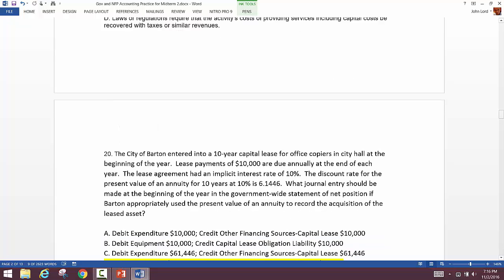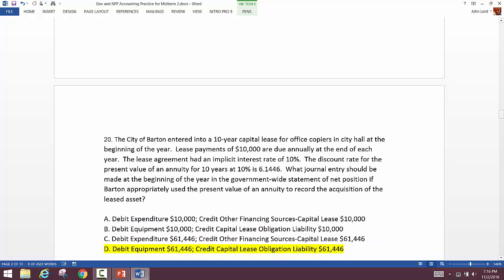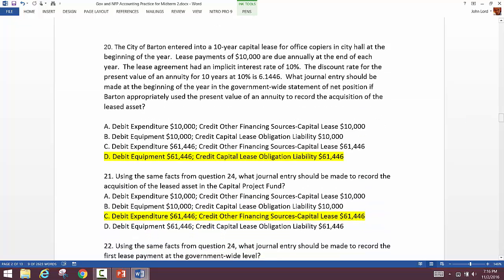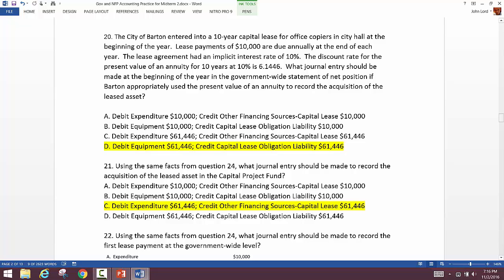Number 20. Oh boy. The City of Barton entered into a 10-year capital lease for office copiers in City Hall at the beginning of the year. Lease payments of $10,000 are due annually at the end of each year. The lease agreement had an implicit interest rate of 10%.